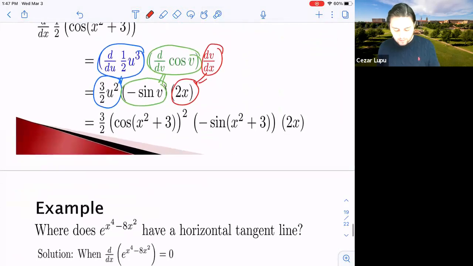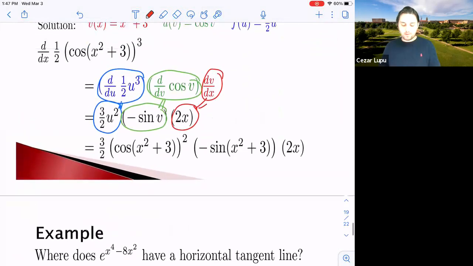Also, let me show you another example, which can be formulated in this way. Where does this function, e to the power x to the fourth minus 8x squared, have a horizontal tangent line? What does it mean, a horizontal tangent line? Can you remind me this? I forgot.